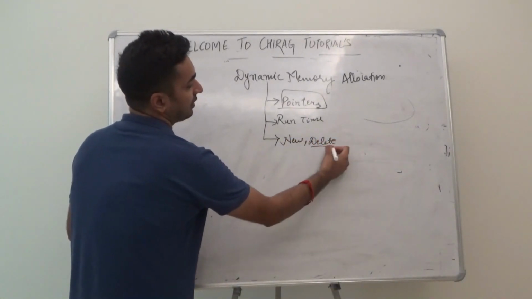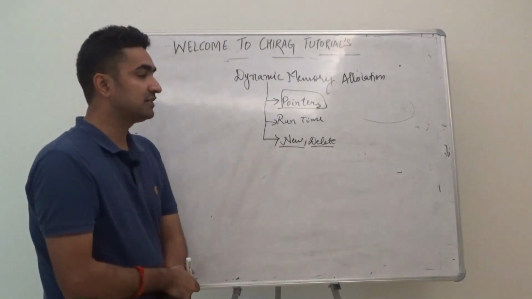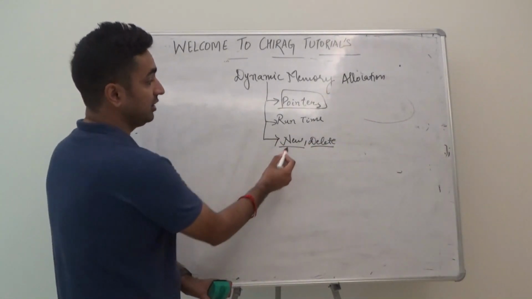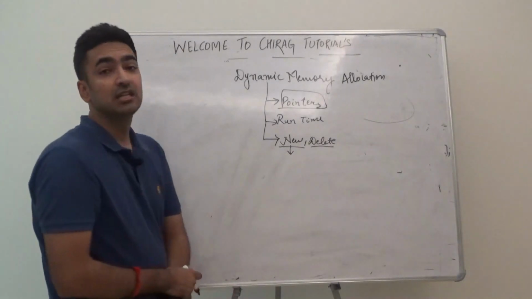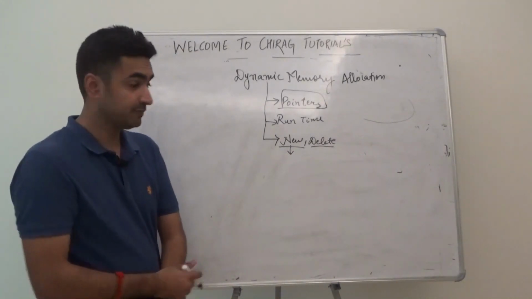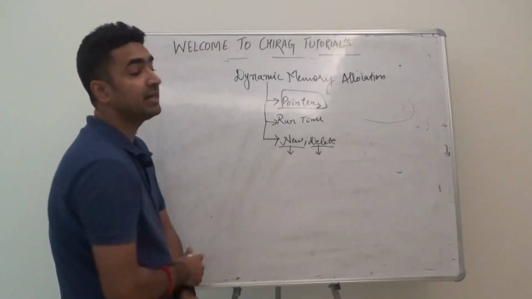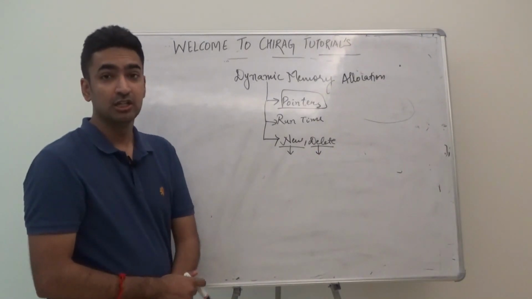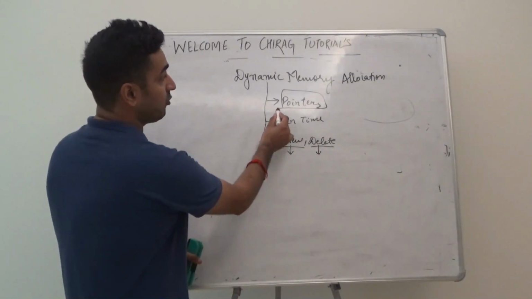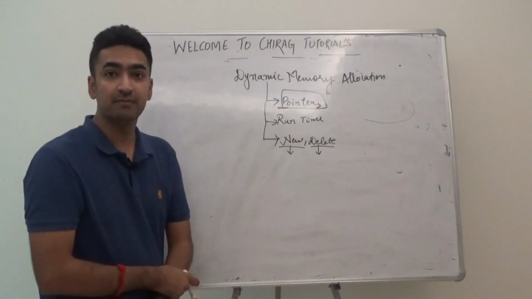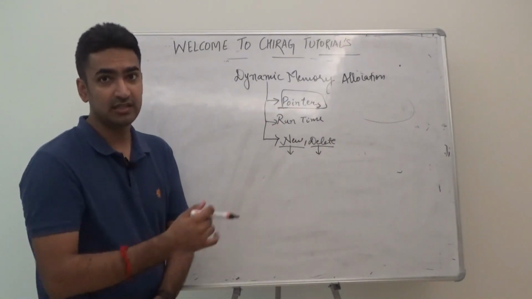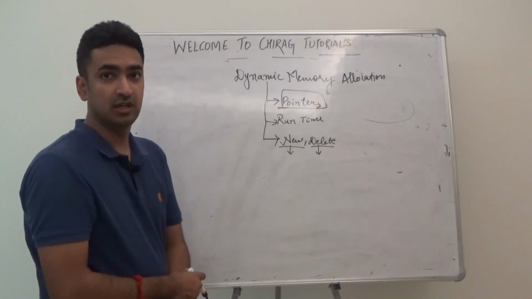These operators will be used in this entire process, where new represents a memory allocator and delete means memory deallocator. And we are using pointers to allocate the memory dynamically. That's how it actually works out.